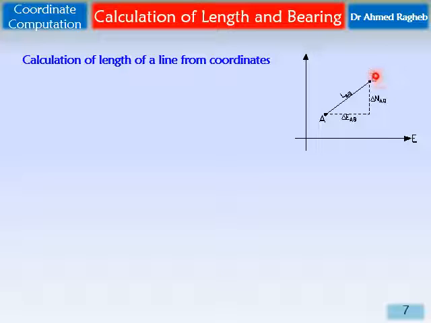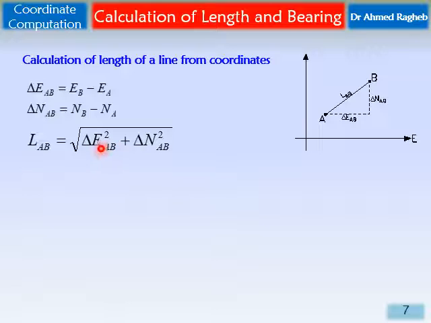If we have the coordinates of these 2 points A and B, we can easily calculate the components of the line, delta E AB and delta N AB, from the corresponding coordinates, and through Pythagoras theorem we can determine the horizontal length L between these 2 points: square root of delta E squared plus delta N squared. And this is why LAB is not differentiated from LBA, because the square will remove the sign of the components, whether easting or northing components.